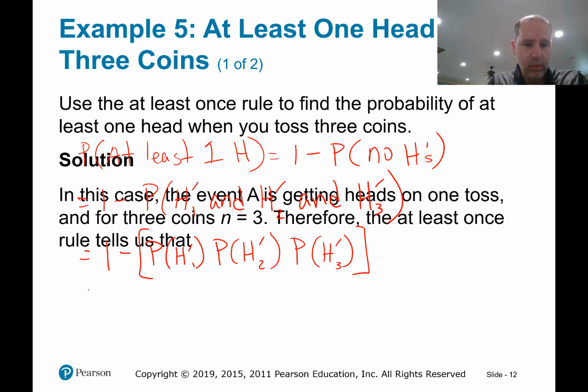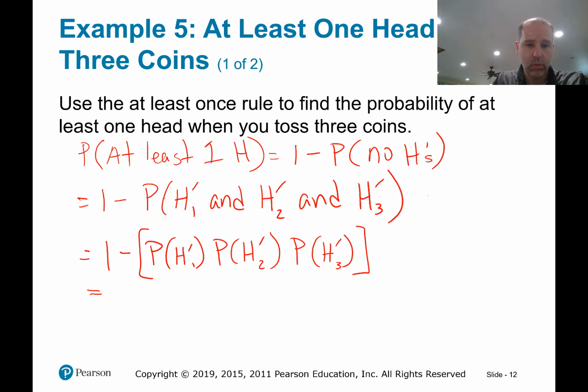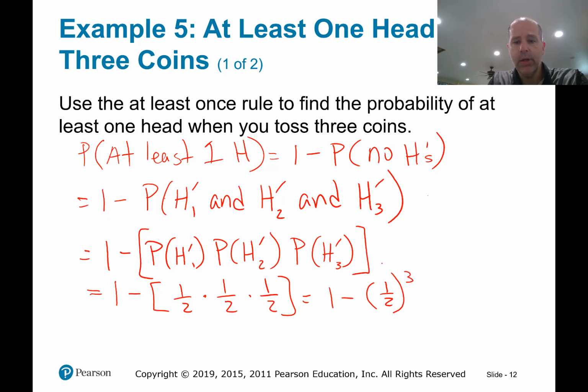So now we just write it as 1 minus 1/2 times 1/2 times 1/2, which is equal to 1 minus what? 1/2 raised to the third power. So you didn't even need to memorize the formula.